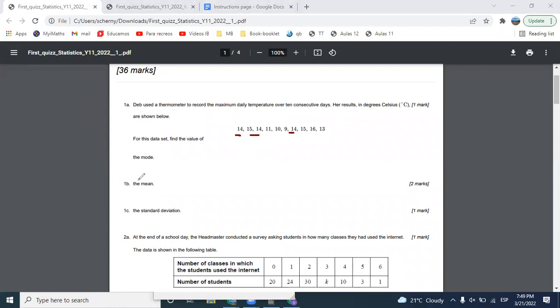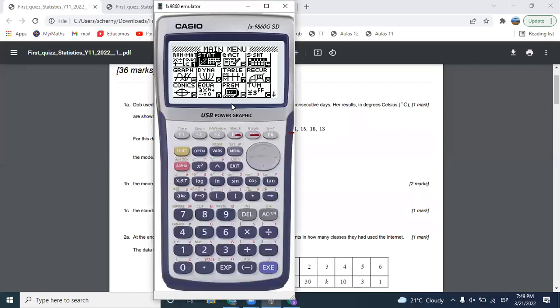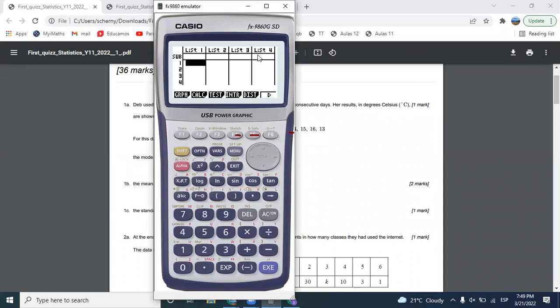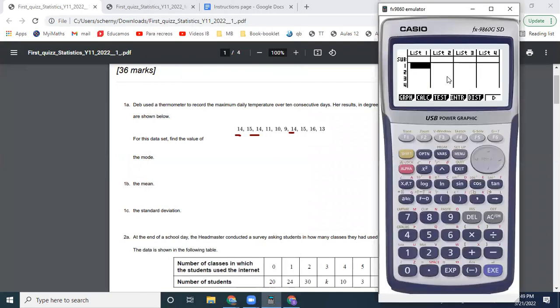But since we have the GDC to solve this exam, we can directly go to stat. If we upload these numbers, 14, 11, 10, 9, 4, and so on, we can now calculate one variable, because we have only one variable, the temperature.